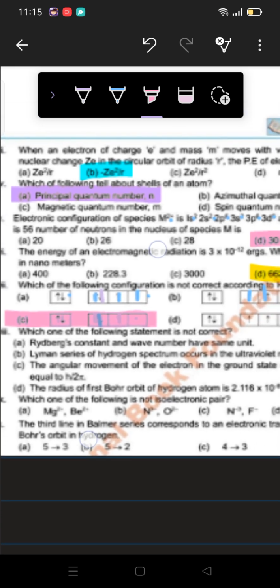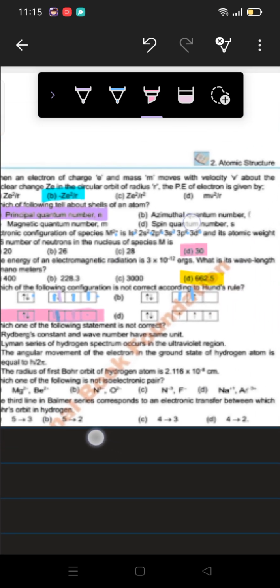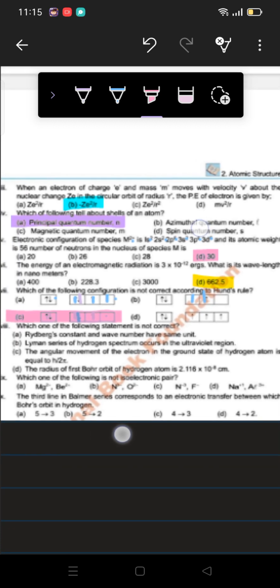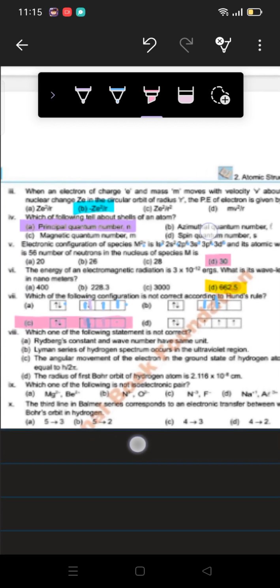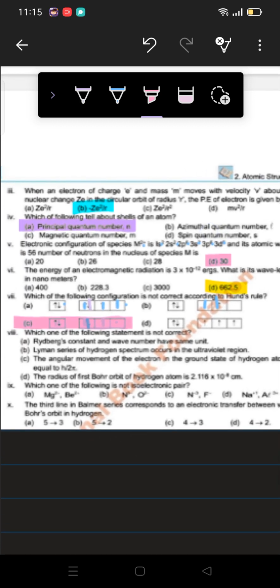Third option, the angular momentum of the electron in the ground state of hydrogen atom is equal to h by 2 pi. Yes, this is correct as well. We basically said that according to the quantization condition, an electron will only revolve in that orbit in which its angular momentum is an integral multiple of h by 2 pi, which means it is in the first orbit, and 1 times h by 2 pi is h by 2 pi.